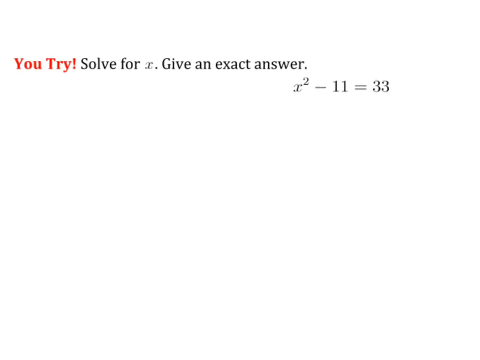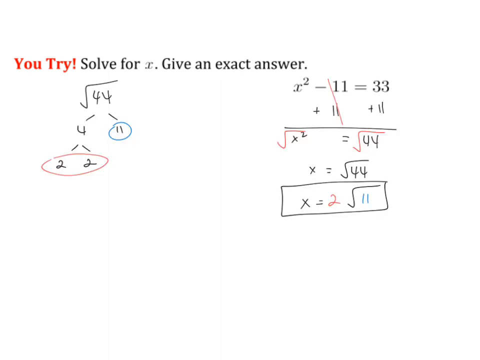All right, so go ahead once more, pause the video here, see if you can give this one a try on your own. All right, go ahead and check over your answers once more. The first step is just regular algebra by adding 11 on both sides.